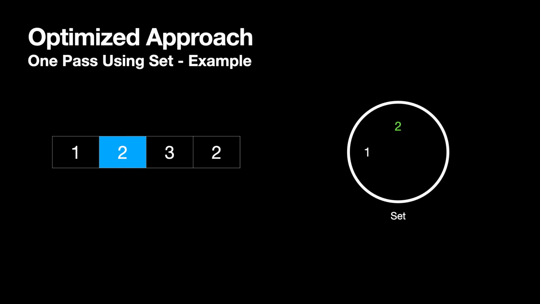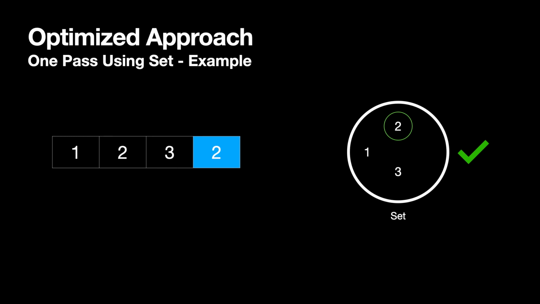Then, we'll take 3 and check whether the set contains a 3. Since the set does not contain 3, we'll add it to the set. Lastly, we'll take 2 and perform a set lookup for the value 2. Now we see that the set does contain 2, and so at this point we can return true.